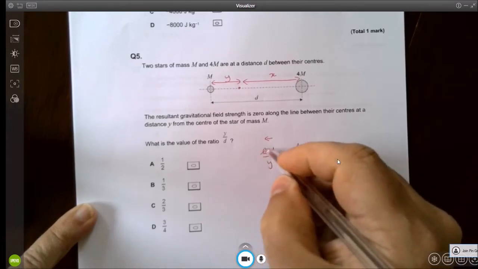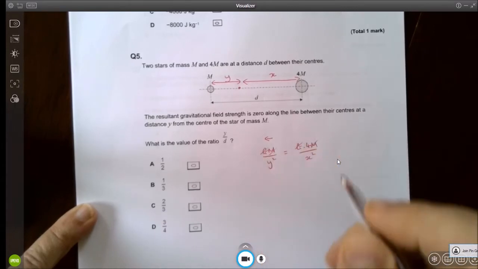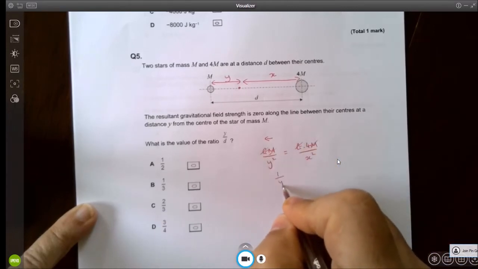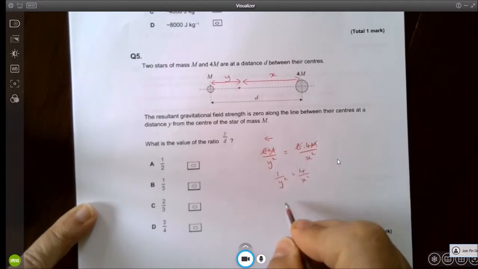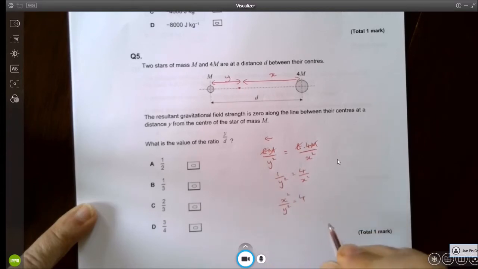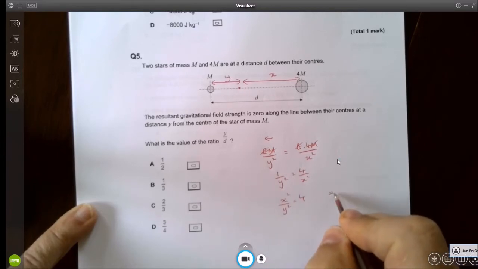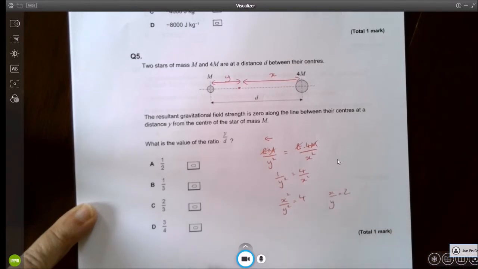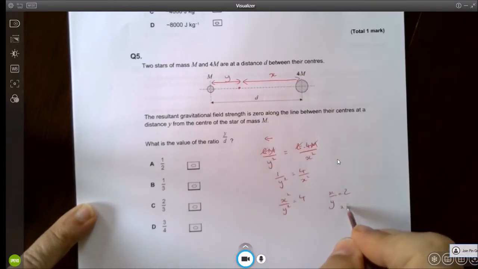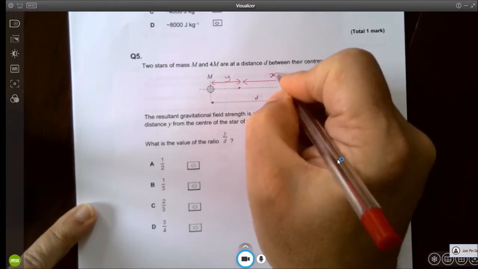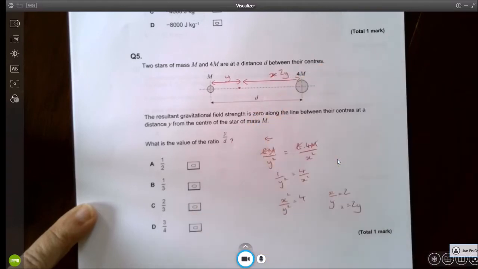Hopefully you can see the G's cancel out, the M's cancel out, and we end up with 1 over y squared is 4 over x squared, which means x squared over y squared equals 4. If you take the square root, that gives you x over y equals 2. So x is twice as big as y. x equals 2y.